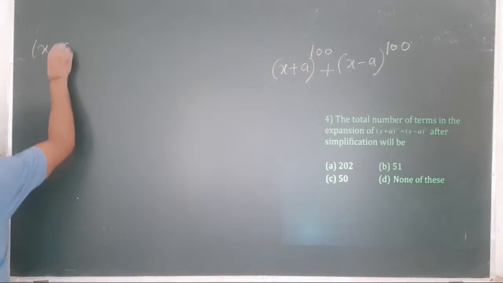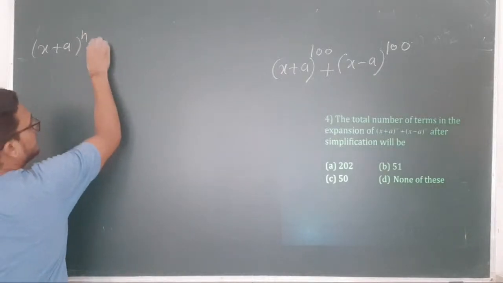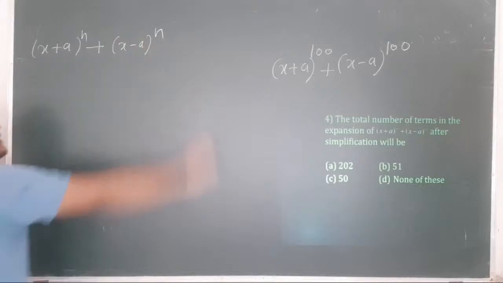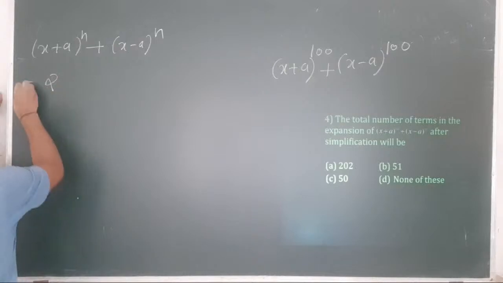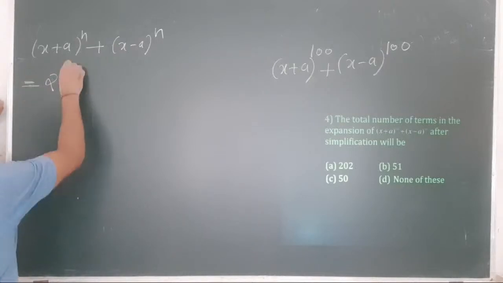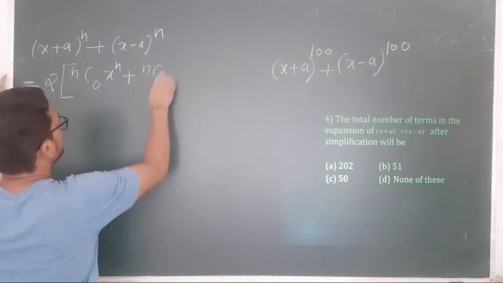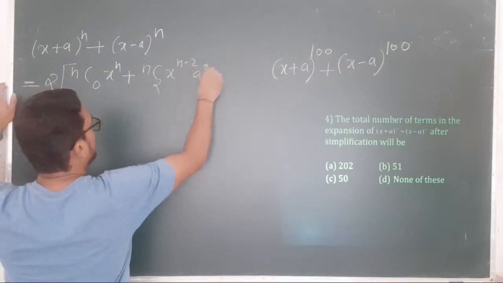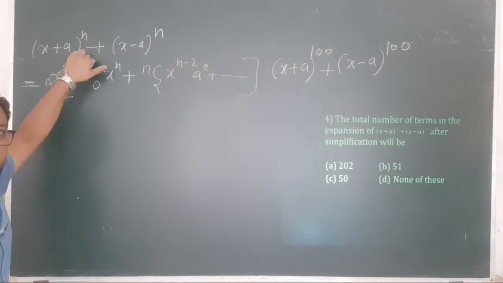If you remember, x plus a to the power n plus x minus a to the power n, which is 2 times nc0 x to the power n plus nc2 x to the power n minus 2 into a square plus so on. This result was given to you.